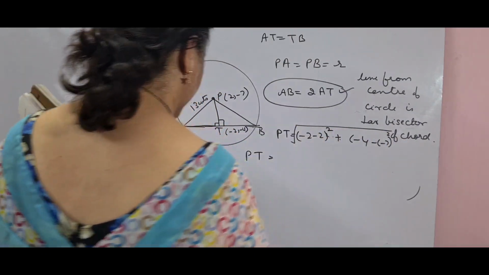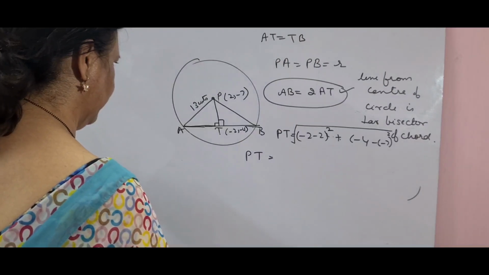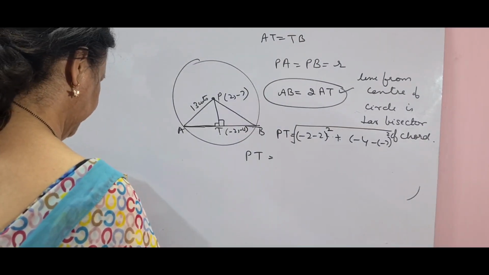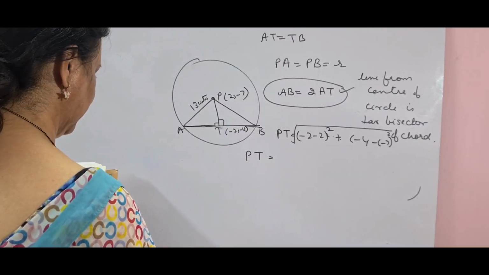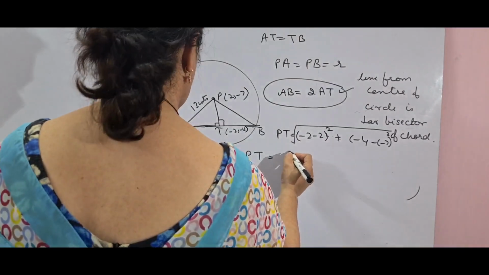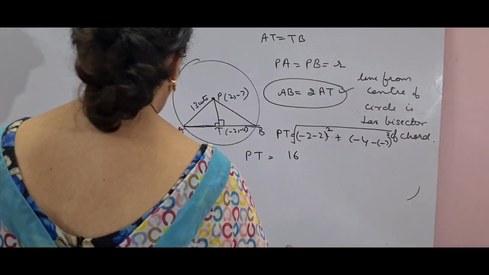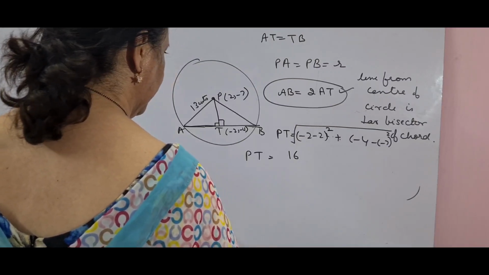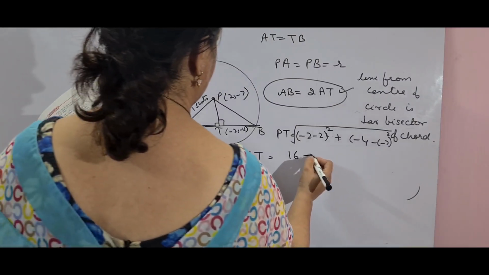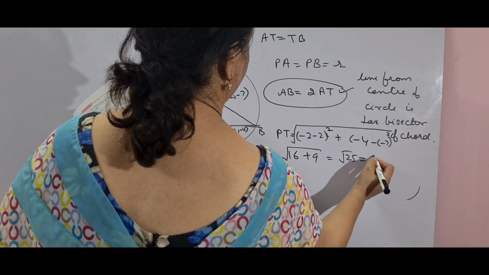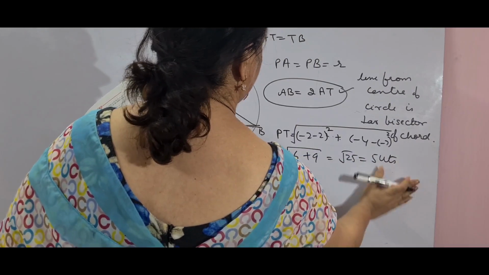When you calculate it, minus 2 and minus 2 will become minus 4, so minus 4 whole square is 16, and next, minus 4 plus 7 is 9, under the root. This is of course 25, and the root is 5 units. So see children, PT is 5 units.